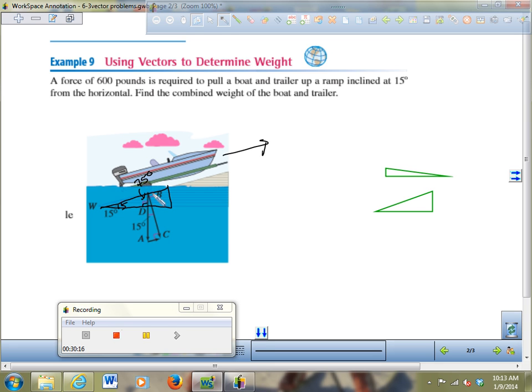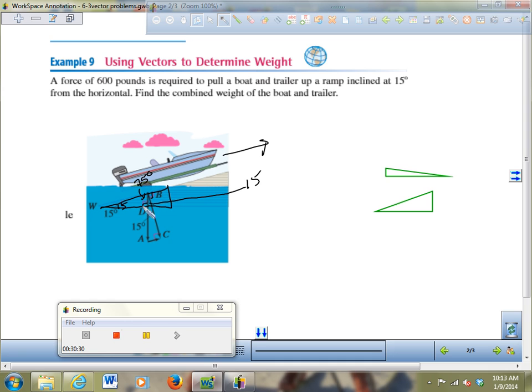And this angle is perpendicular to the ramp, right? So this little angle right here has to be what? 15 as well, right? Because this angle, 75, plus this little one has to add up to 90.